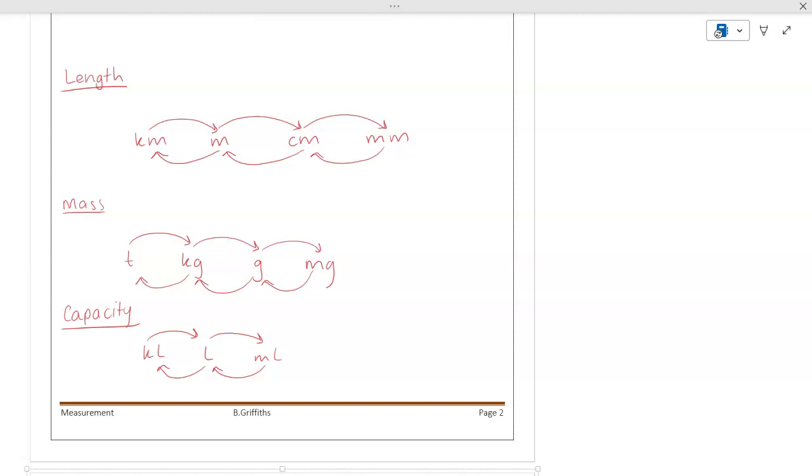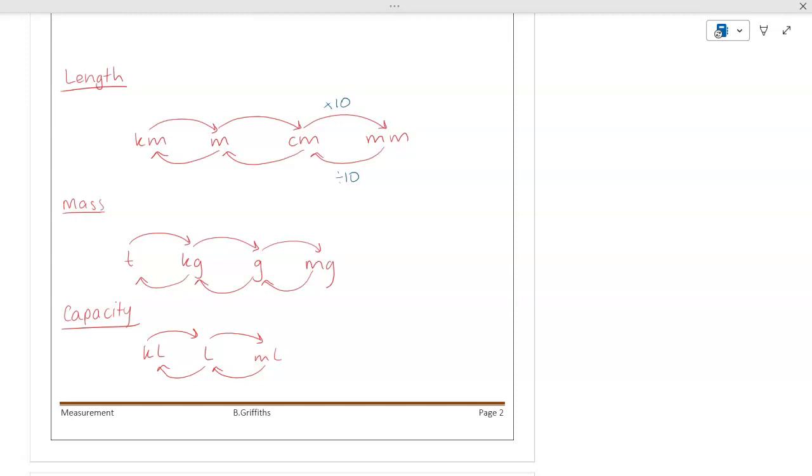And if we need to find how many millimetres in a kilometre, I can use these steps in order to get there. So if we think how many millimetres are there in a centimetre, there are 10. So to turn centimetres into millimetres, I would times by 10. To turn millimetres into centimetres, I would divide by 10.